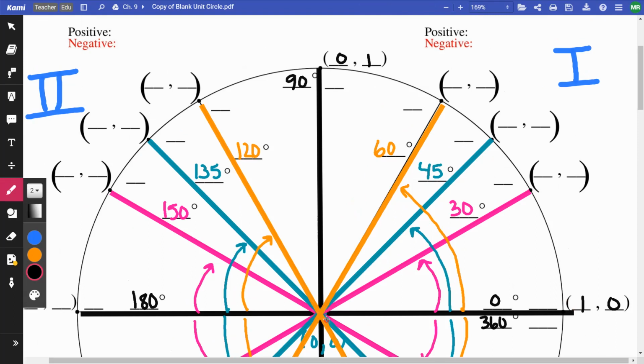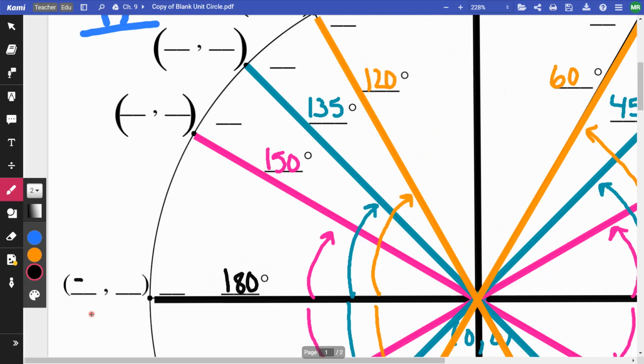This is 0, 0 right here. And then here, I'm not going left or right. I'm 0, but I'm going up the radius, which is 1. So 0, 1. So that means over here at 180, I'm going to go out 1, which means it's a negative 1, 0. So over here, I'm going to be at negative 1, 0.